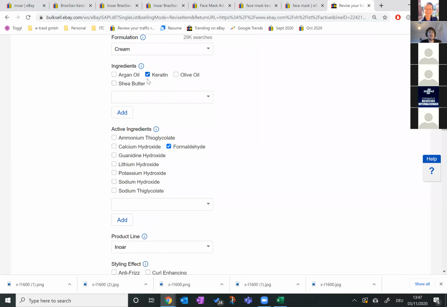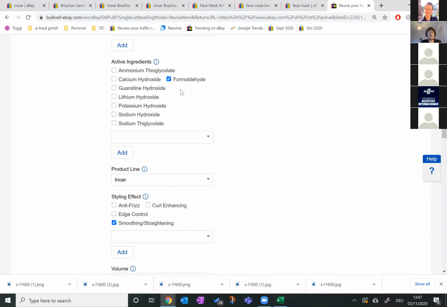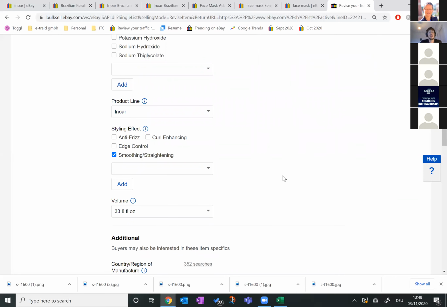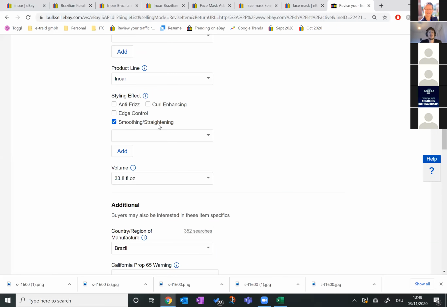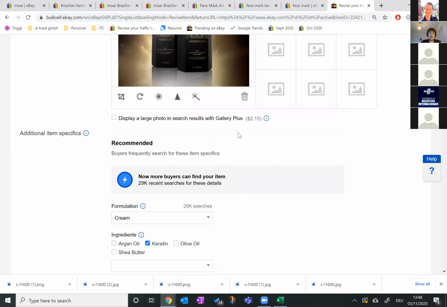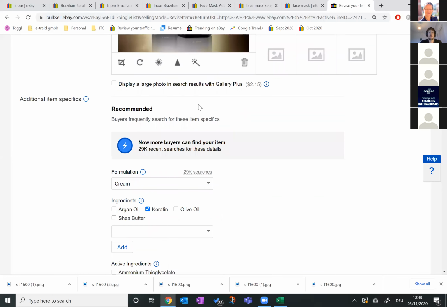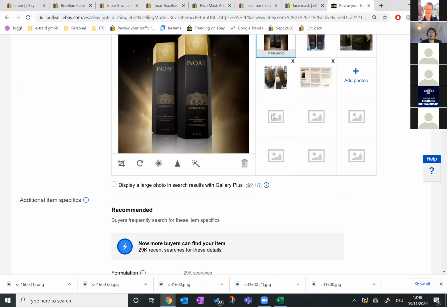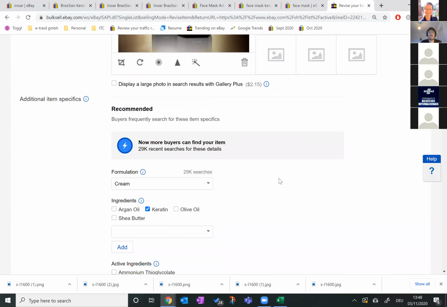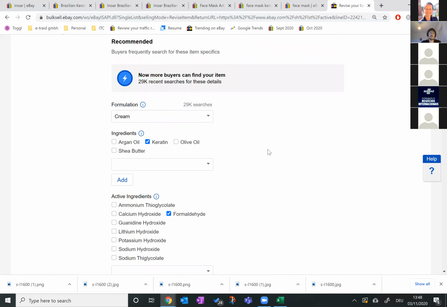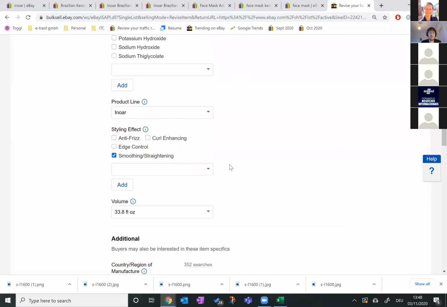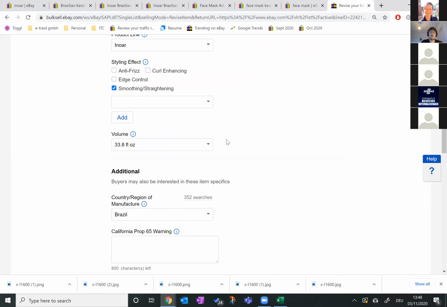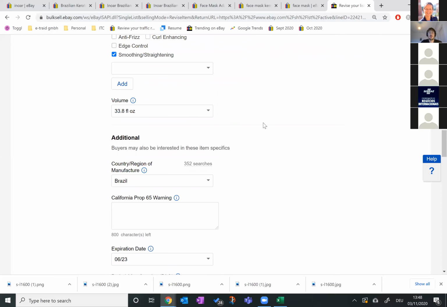It's got keratin as an ingredient, it's got formaldehyde as an ingredient, the product line is InnoR, and the styling effect is smoothening and straightening, right? These specifics are recommended to you by eBay, because eBay already knows this product. It's already in the catalog. Make sure that the item specifics are always filled in, because they are extremely relevant for search. If you don't have keywords in the item specifics, you will miss out on customers as well.